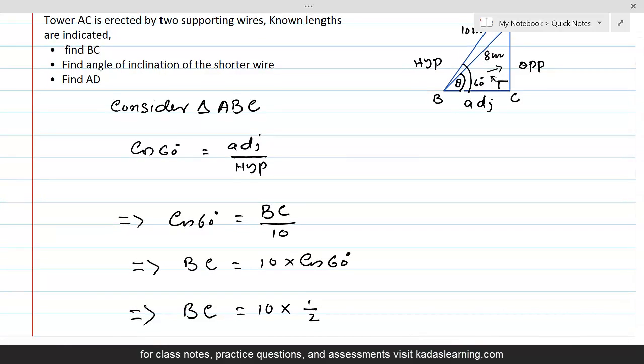The second part is to find the angle of inclination of the shorter wire.